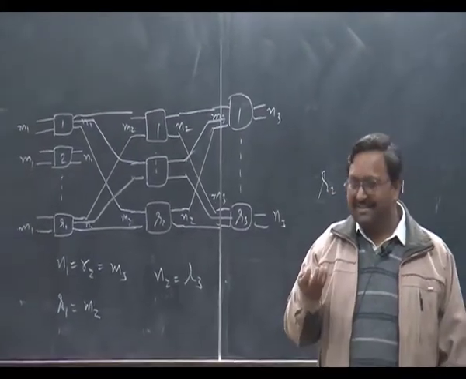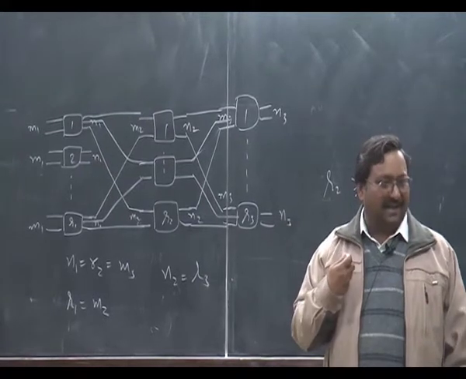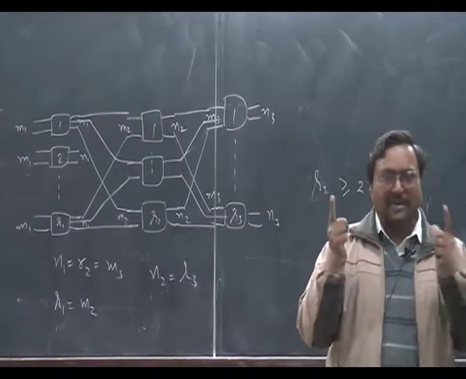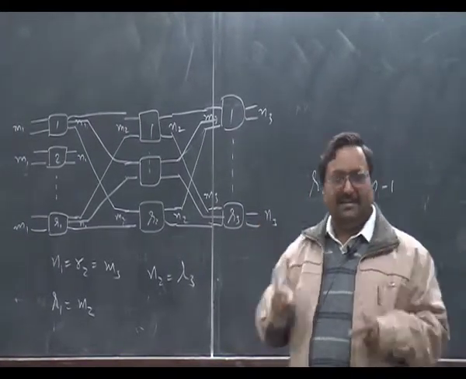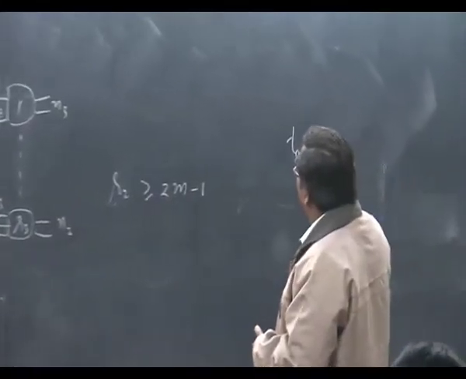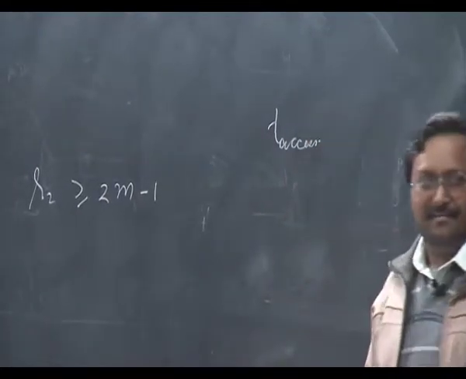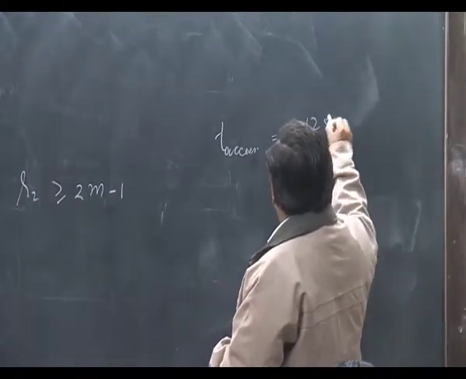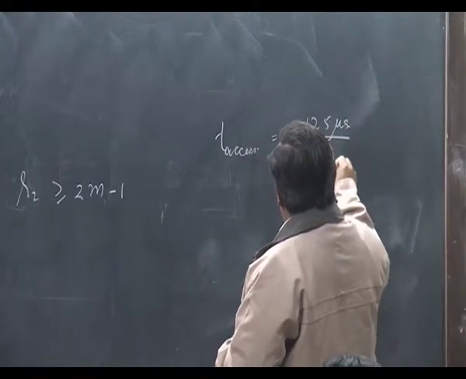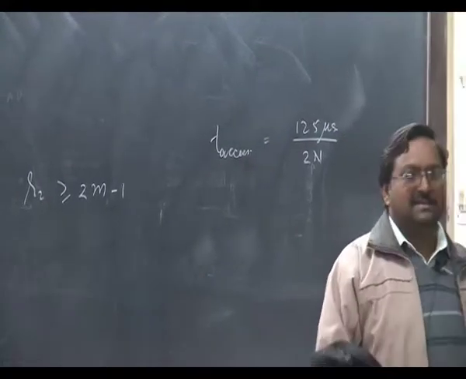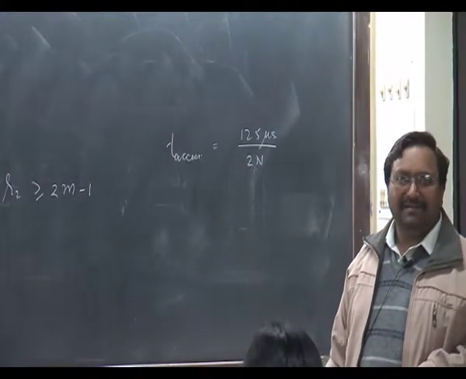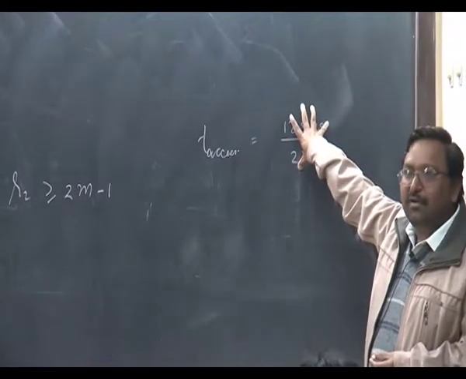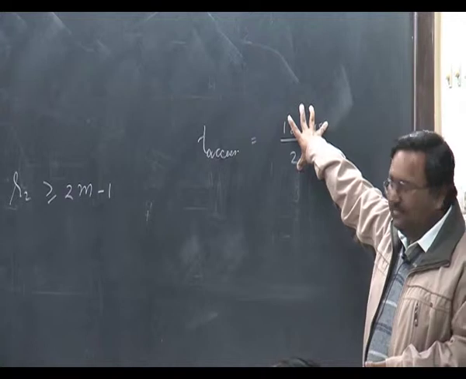So, you have to write n words and you have to read the n words back, and this has to be done in 125 microseconds. If the access time of a memory is t access, then with n read accesses and n write accesses, so 2n, this is the access time which is available for each word, for read and write.